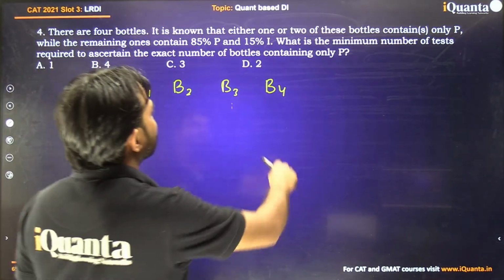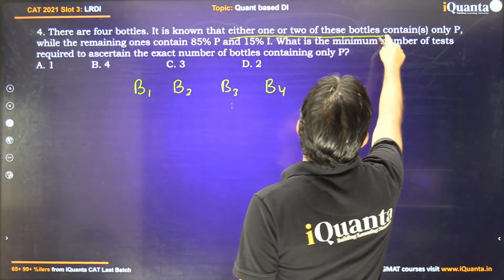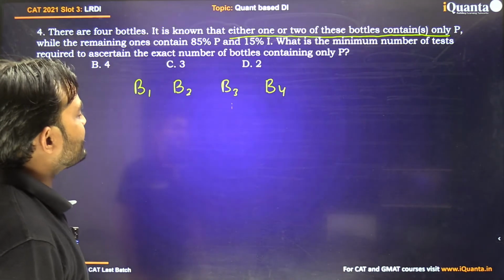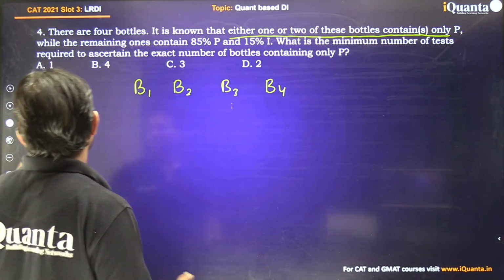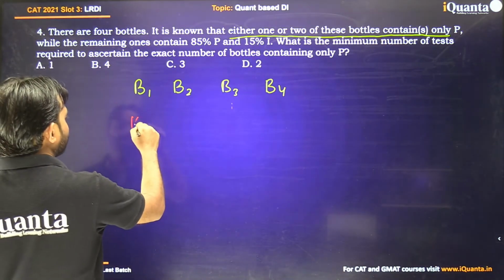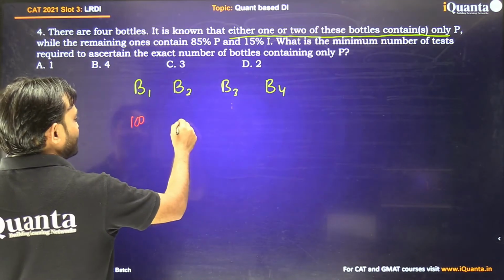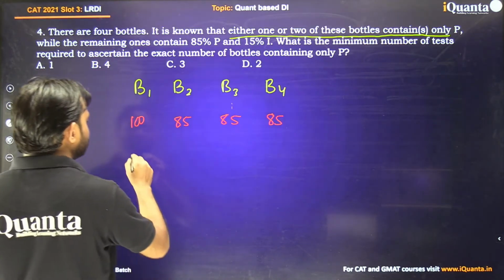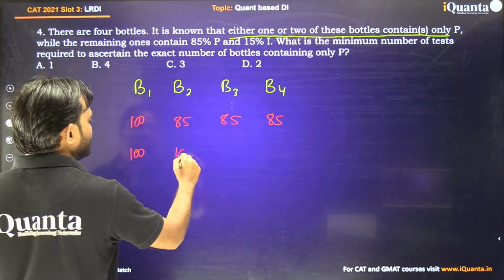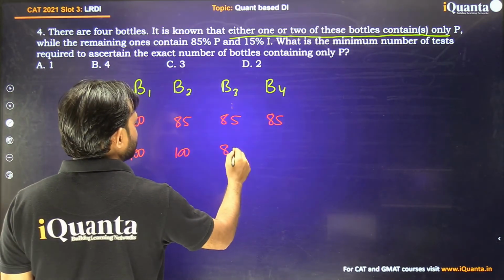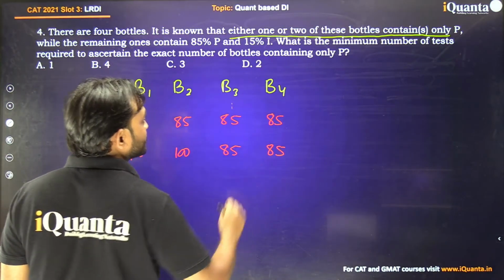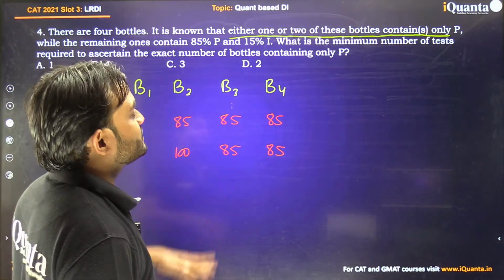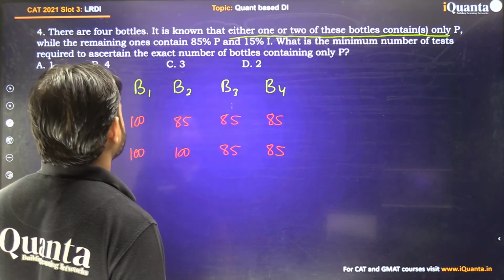It says either one or two of these bottles contain only P, while the remaining ones contain 85% P and 15% I. So one bottle contains 100% P and the rest of them contain 85% P, or two of these bottles contain 100% P and the rest of the two bottles contain 85% P. Either one or two of these bottles contain only P, right?